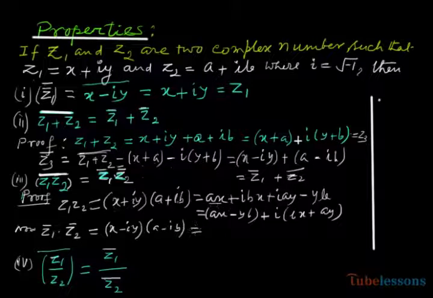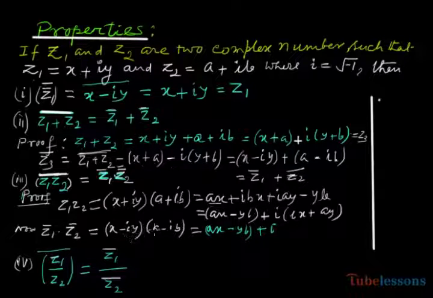So when you multiply these two, the result comes ax minus yb plus i ay minus i bx. So clearly these two are equal.